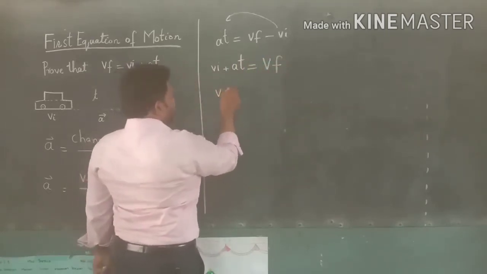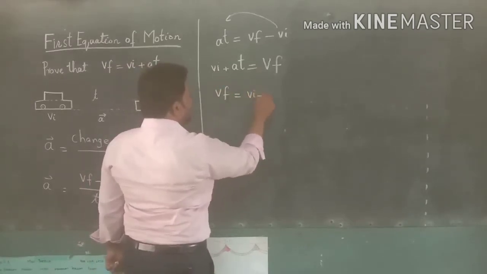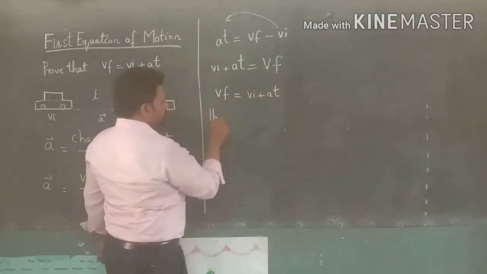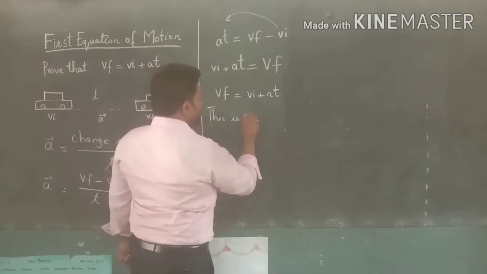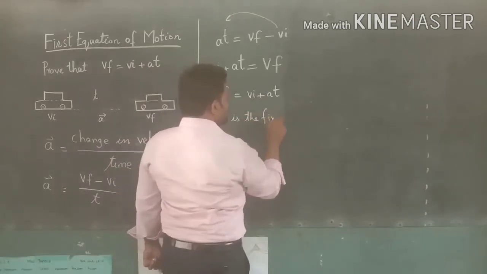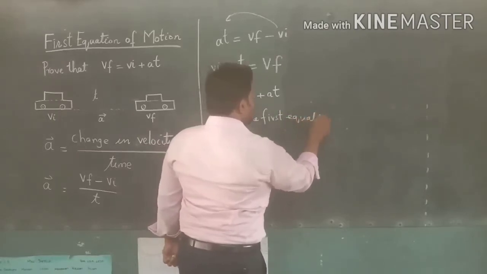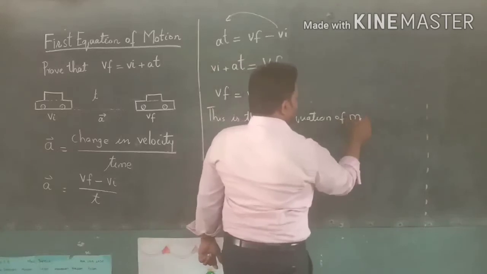So Vf is equal to Vi plus At. This is the first equation of motion.